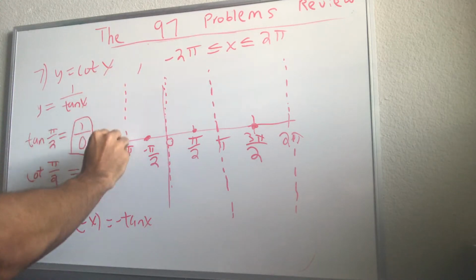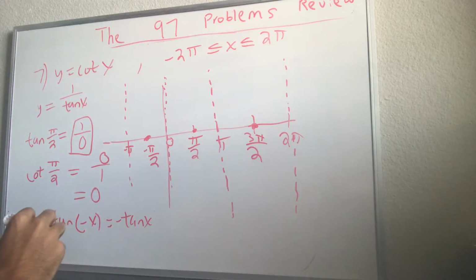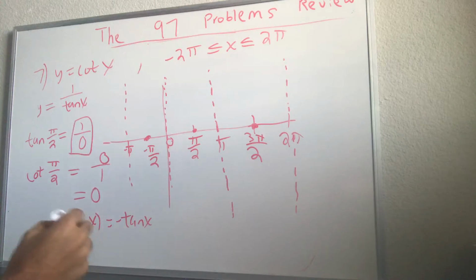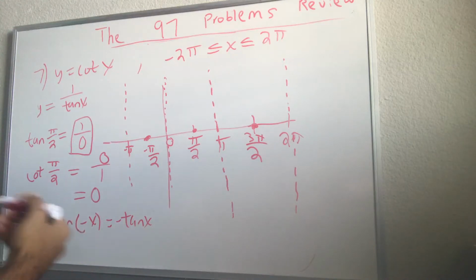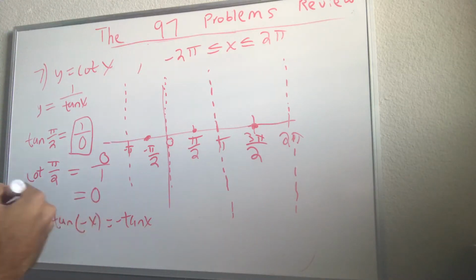And it doesn't really matter about the negative here, because even if we multiply an undefined value by a negative, or 0 by a negative value, those still remain the same.